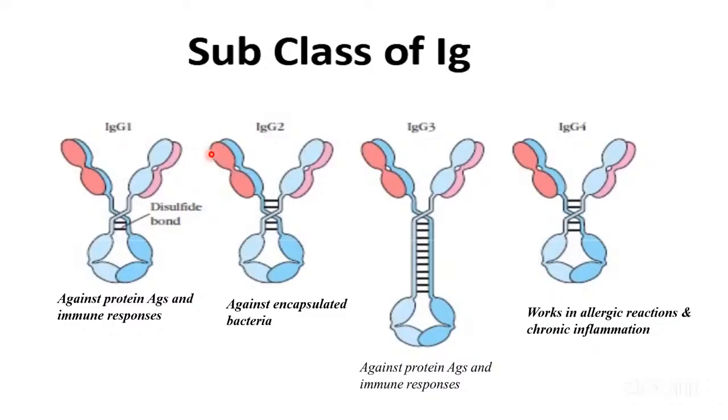So these are the subclasses of IgG. There's IgG1, IgG2, IgG3, and IgG4. They are all working against different components here. IgG1 is against protein antigens, and then IgG2 against encapsulated bacteria. So if someone is having something like Cryptococcus meningitis, for example, IgG2 will be elevated, and then others, even Mycobacterium tuberculosis, so long as they have some kind of encapsulation, some cuticle protecting them against the ordinary function of the immune system.